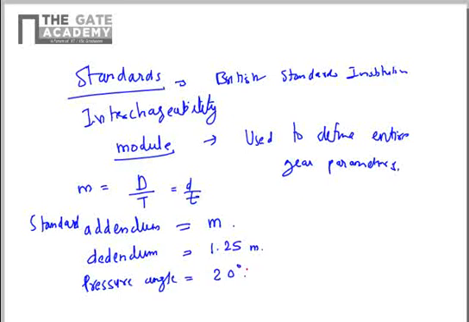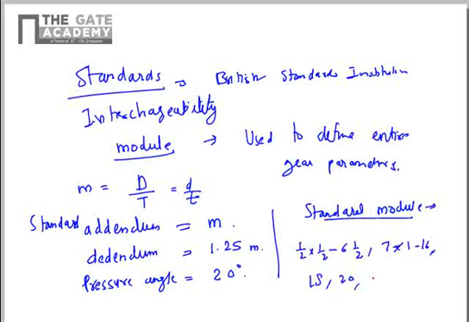So you can choose any gear which follows this standard, and then there are some standard modules defined which engineers will choose for a particular application. Standard modules are 1, 1.5, 2, 2.5, 3, etc. So when you go to the shop, you can ask for a given module gear, and you will be pretty sure that it will mesh with another gear of the same module, and the diameter of the pitch circle can vary.